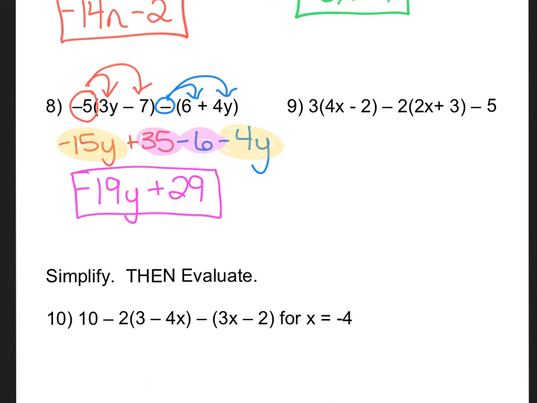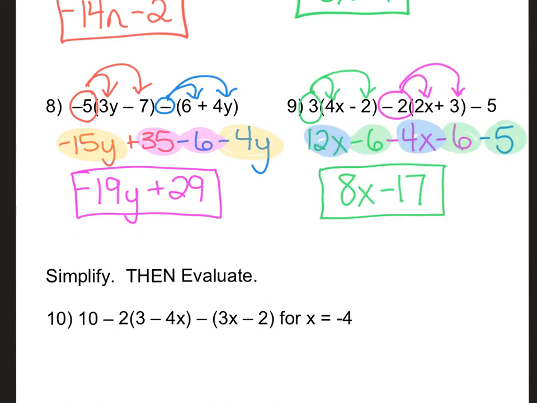Go ahead and pause your video right now and work number 9 on your own. When you're ready, unpause it and see if your answer matches mine. So, did you get 8x minus 17? I distributed that 3 to everything in the parentheses right behind it and got 12x minus 6. I distributed the negative 2 to everything in the parentheses behind it and got negative 4x minus 6.